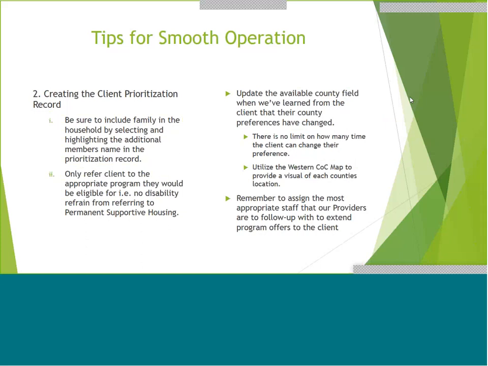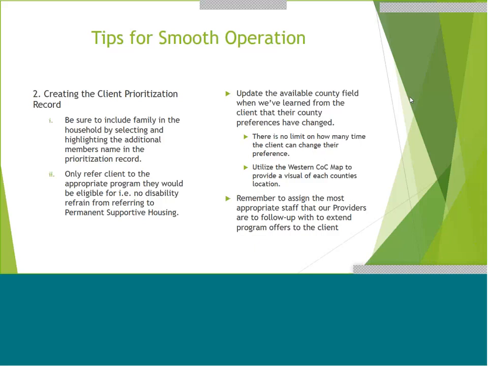So if that client does not have a disability, for instance, we should refrain from referring them to the permanent supportive housing option, which is contained in that client prioritization record. Also, when we update the available fields, we'll go in and update every time that we learn that the client has changed their county preferences.